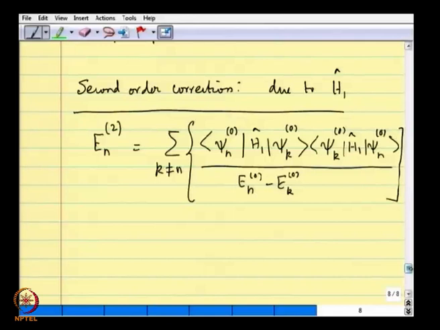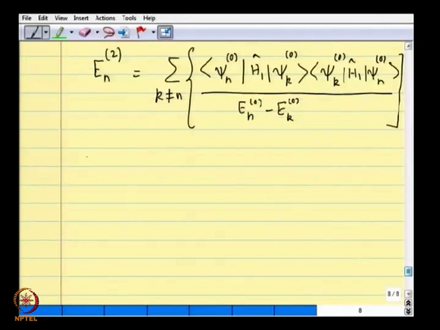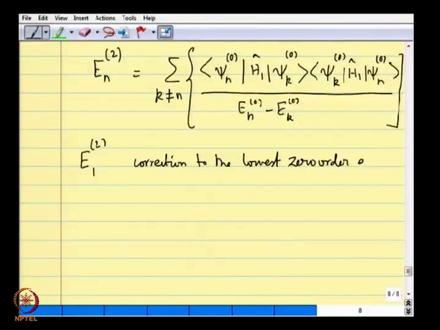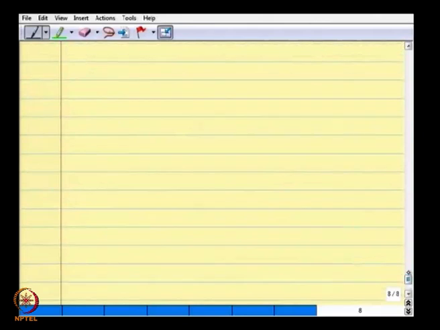Now, let us just do as a simple matter E 1 2, that is correction to the lowest zero order energy. So, the picture that you have to have in mind is the particle in a box has these energies n square.